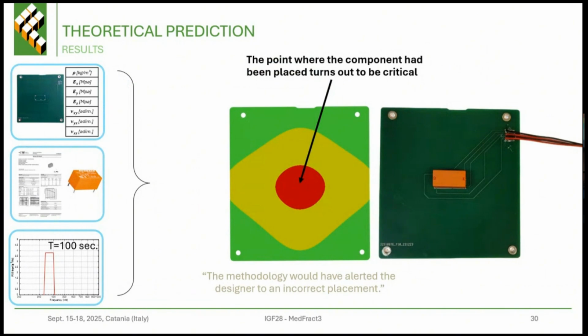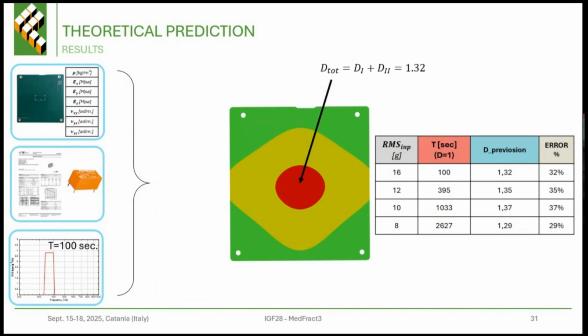The point where the component had been placed turned out to be critical, yes. And so the methodology would have alerted the designer that putting the component in the center is not a correct place. Okay, but if we analyze the damage better, we can assert also that the error is about 32%.